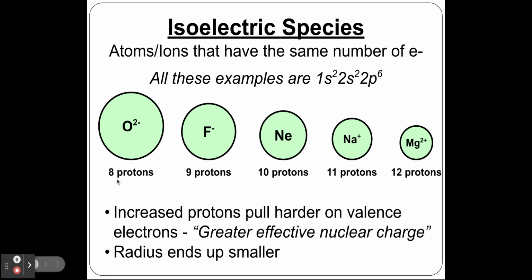Because oxygen has 8 protons, those 8 protons are not going to attract the electrons as strongly as, say, fluorine that has 9 protons or neon that has 10. So as you increase the number of protons in the isoelectronic series, the atom gets smaller because you've got a greater attractive force due to the greater nuclear charge.